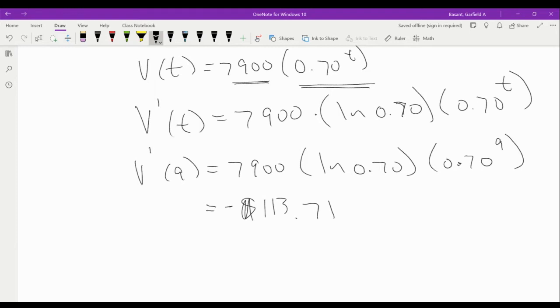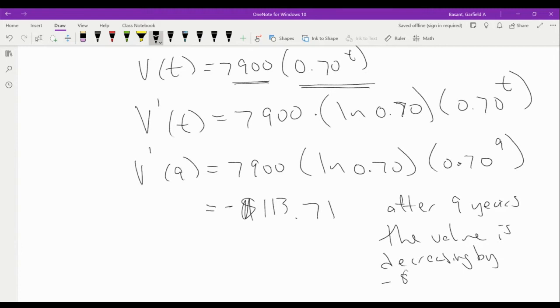What does that mean? It means that after 9 years, the value is decreasing by negative $113.71 per year.